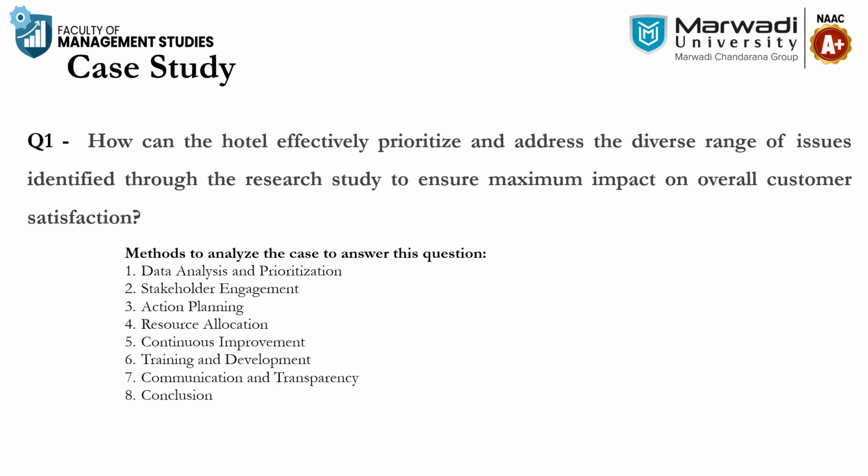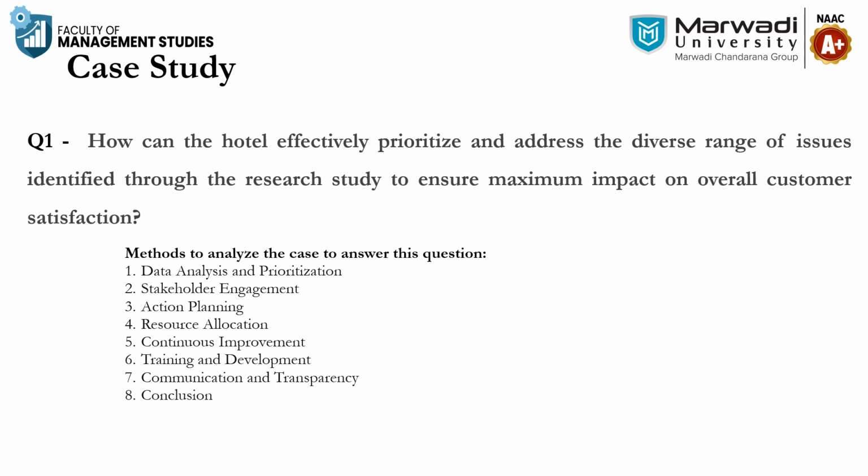Additionally, gather feedback from guests through follow-up surveys or focus groups to validate the prioritization decision which you have taken. So stakeholders engagement will support you to understand the perspective from top to bottom.